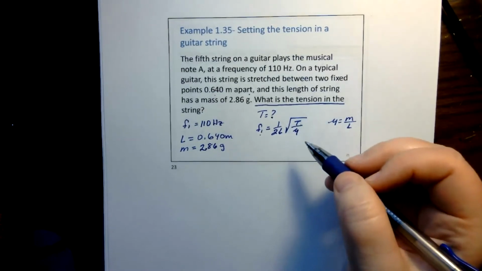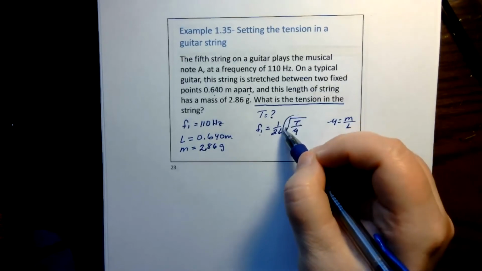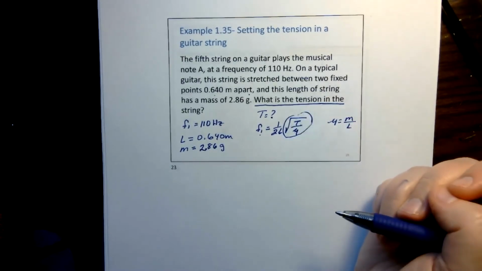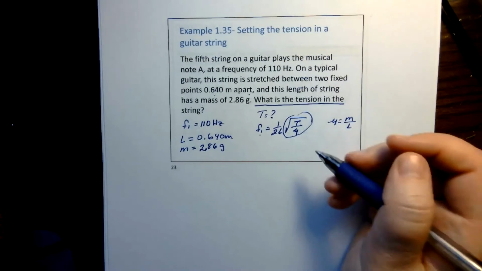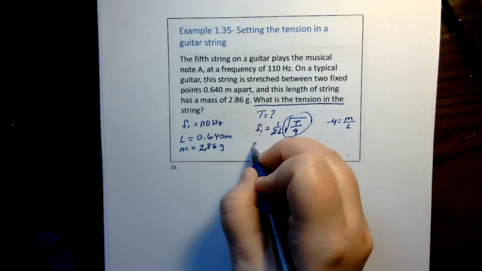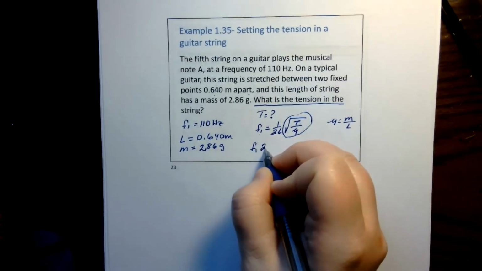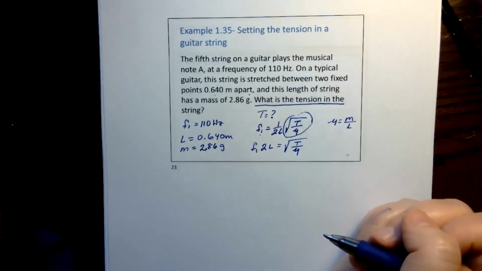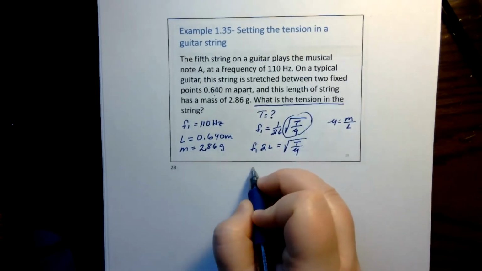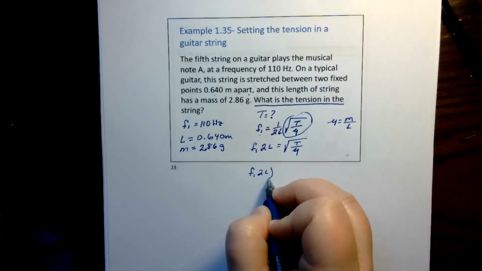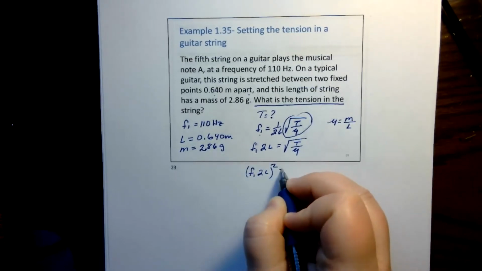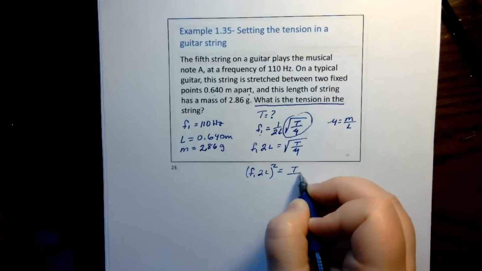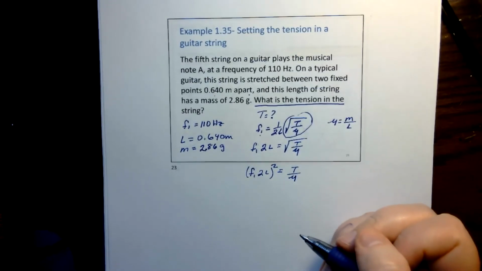Let's go ahead and start working this one out. We're going to solve it for T. First we get the square root part by itself. So we have F1 times 2L equal to the square root of T over mu. Then to free the T from inside the square root, we have to square both sides. So we get F1 times 2L, squared, equals T over mu.